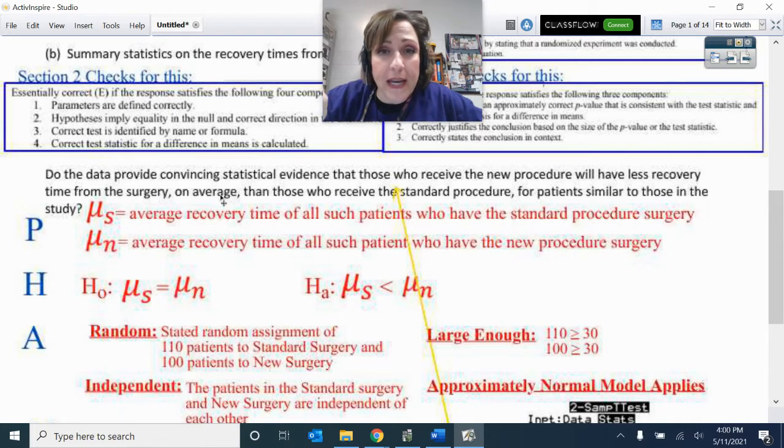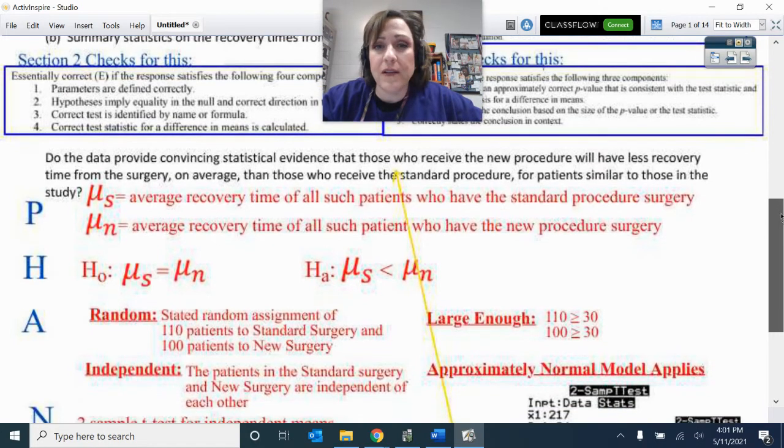See, we can't say for everybody individually, but overall, on average, than those who receive the standard procedure for patients similar to those in the study. So this is run a hypothesis test. That's what it is asking you to do. So you have got to understand the language of what it's asking, that you would then need to run a full hypothesis test. And that's the language. Does this provide statistical evidence of such and such?